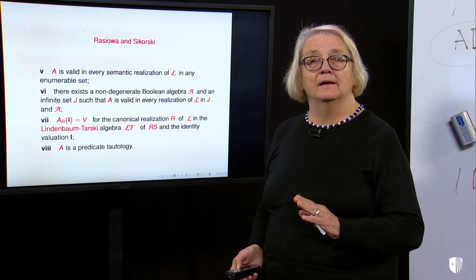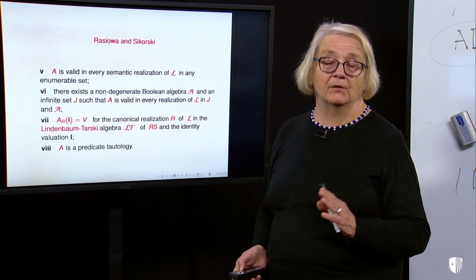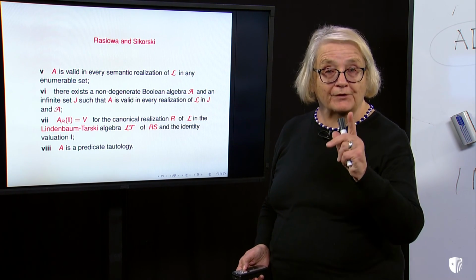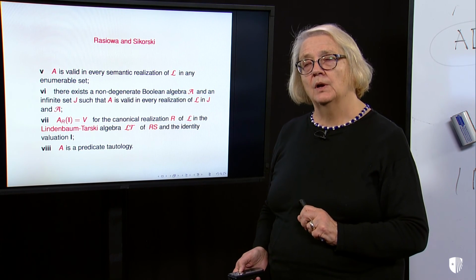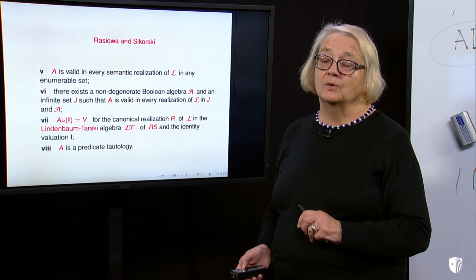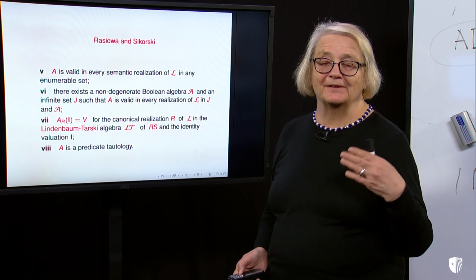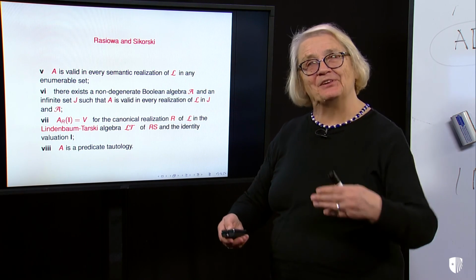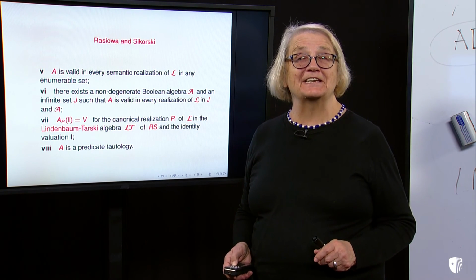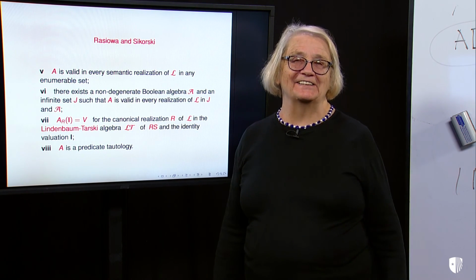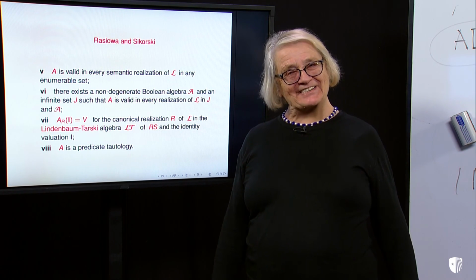The proof is simpler than the Henkin proof, the modern Henkin proof which I showed, because it was invented later. So the whole way of putting things together becomes easier and easier. And so thank you very much.